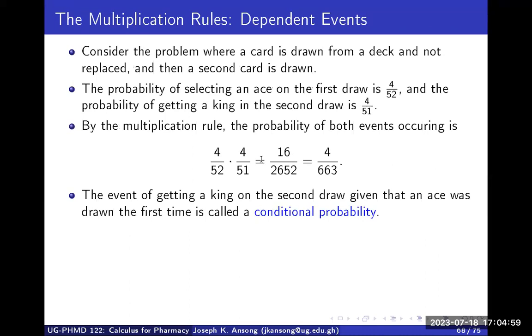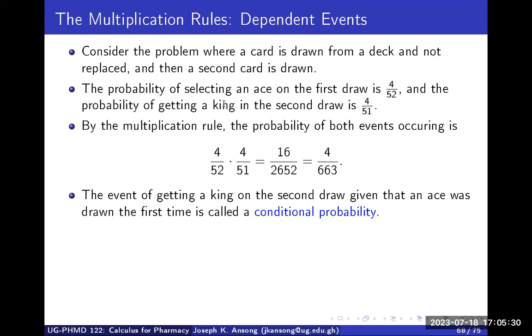Okay, now consider the problem where a card is drawn from a deck and it is not replaced. We're doing an example of this. Then the second card is drawn. The probability of selecting an ace on the first draw, of course, is 4/52. We have 4 aces, and we have a total of 52 cards, so 4/52. Now, the probability of getting a king in the second draw will be, we still have 4 kings remaining, right?